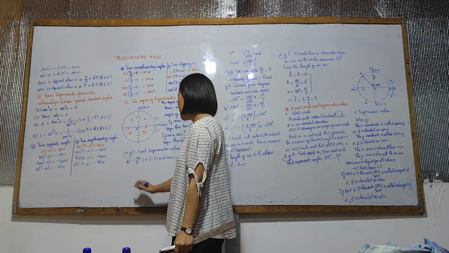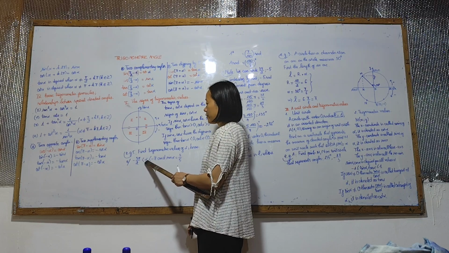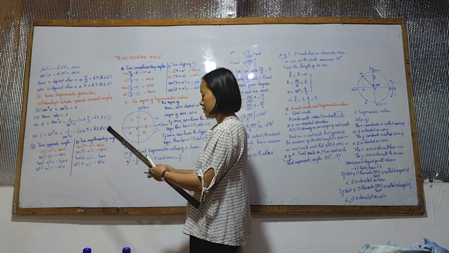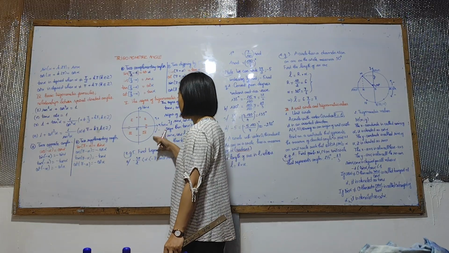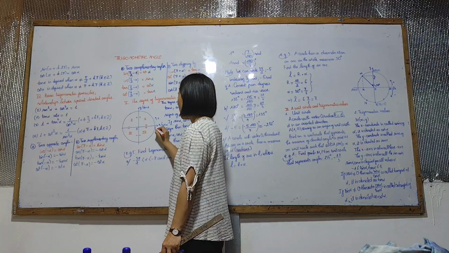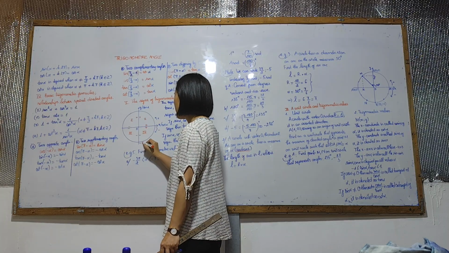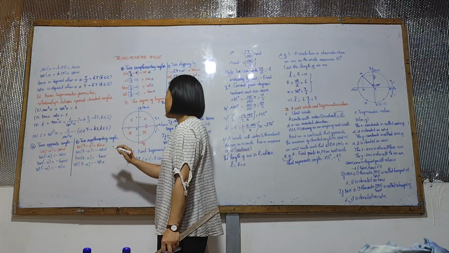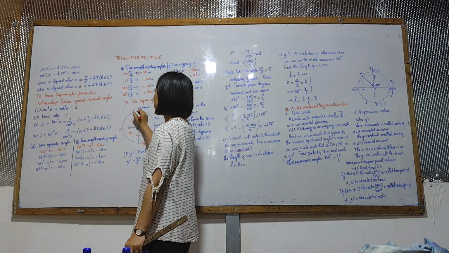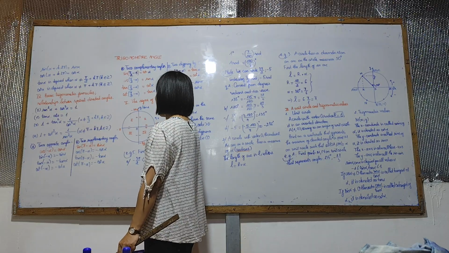Step 1, we can see that alpha with this measure is in the negative direction: O, negative pi over 2, negative pi, negative 3 pi over 2, and negative 2 pi.